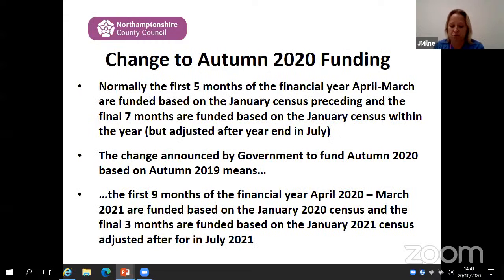As some of you may know, there was an announcement by the DfE about making changes to the autumn funding. Just to give you a bit of background, and I know Beth, you've already mentioned some of this before, what they are proposing is that our autumn 2020 funding should be based on autumn 19, using the census for January 20 rather than the January 21 census.